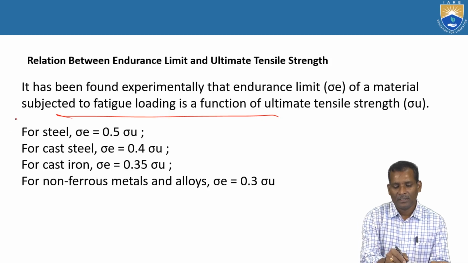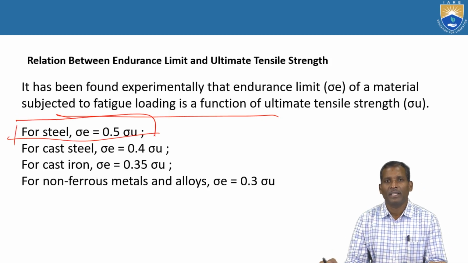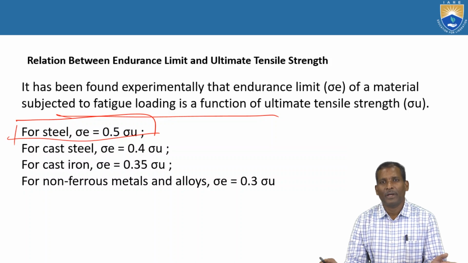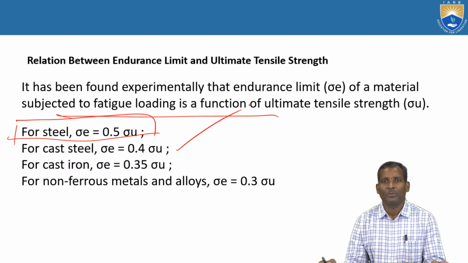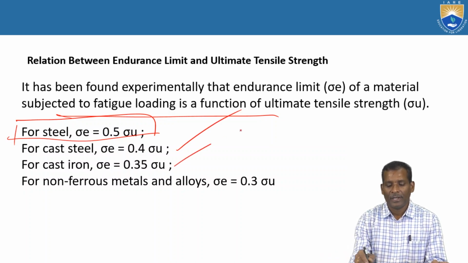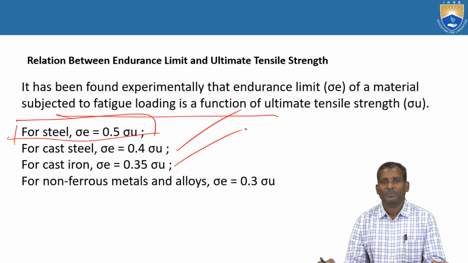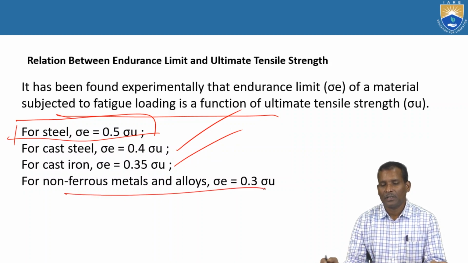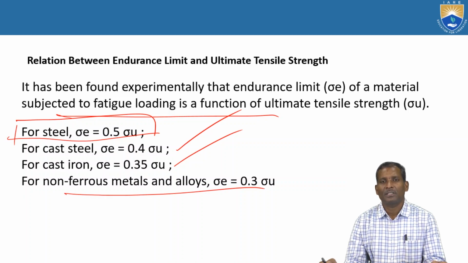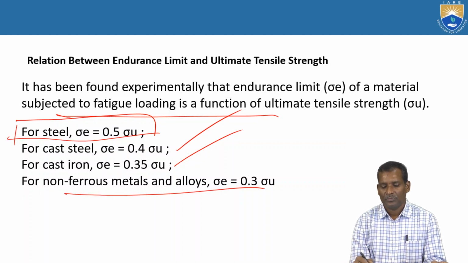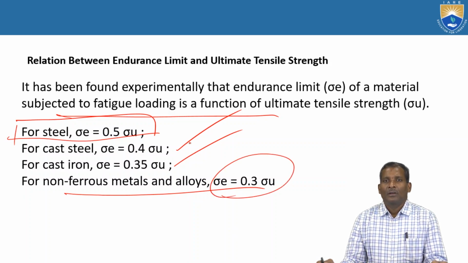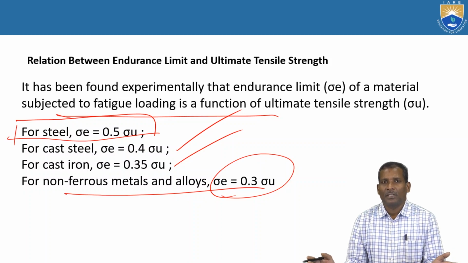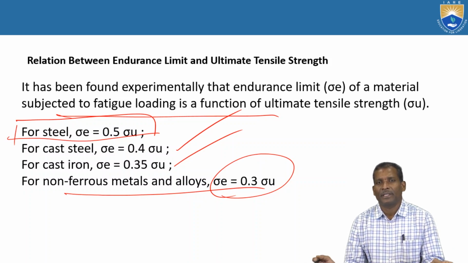So for steel, sigma E is 0.5 times sigma U, that is half of the ultimate strength. Similarly for castings, 0.4 sigma U. For cast iron, 0.35. And for non-ferrous metals and alloys, 0.3 sigma U. So we take these relations between sigma E and ultimate tensile strength.